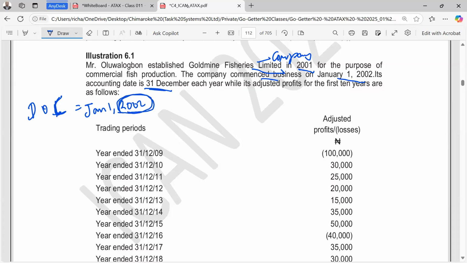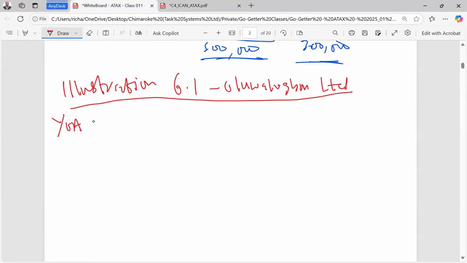It's always actual year basis. So it will be 2002. And your basis period for your first year will be the date the business commenced, January 1, 2002.